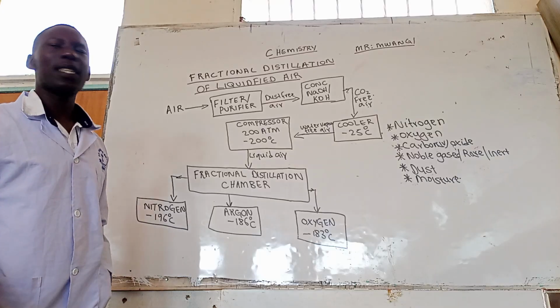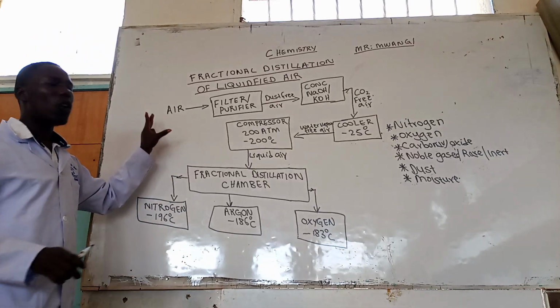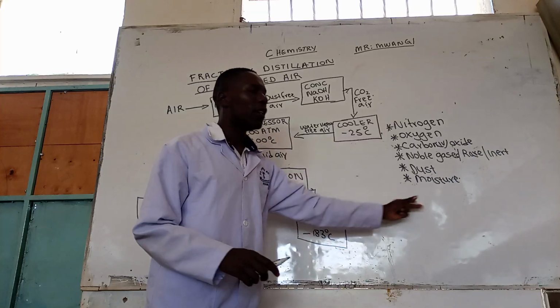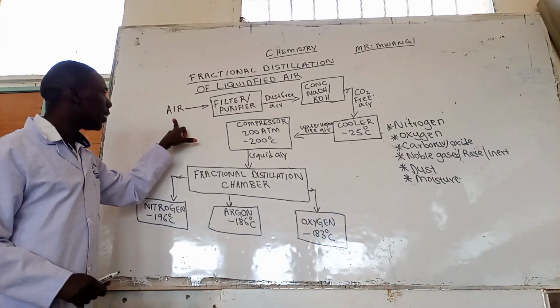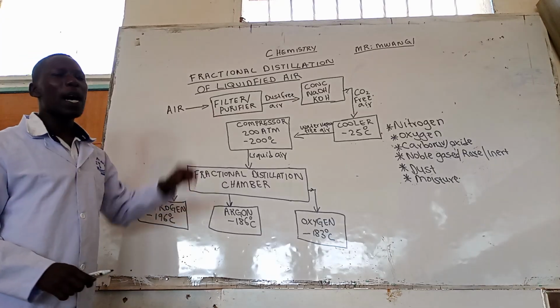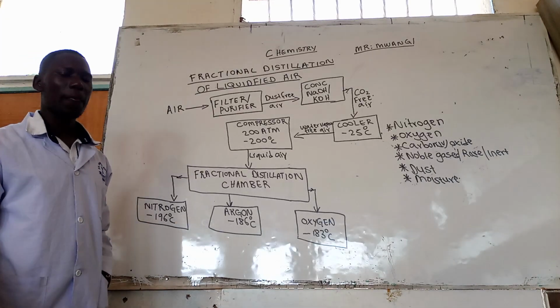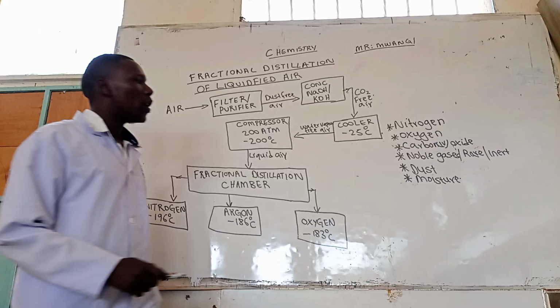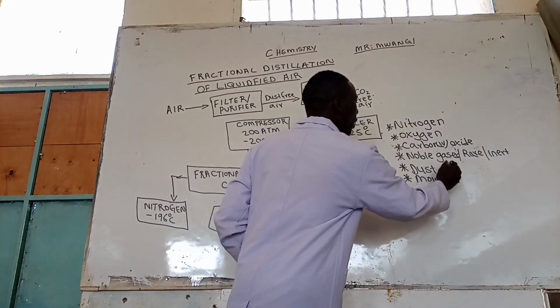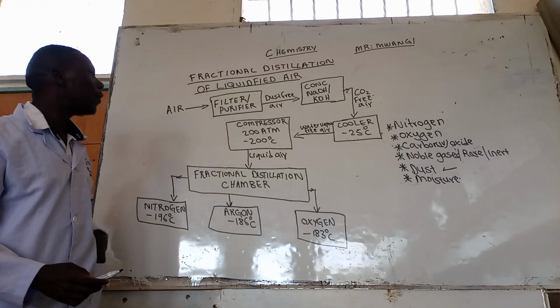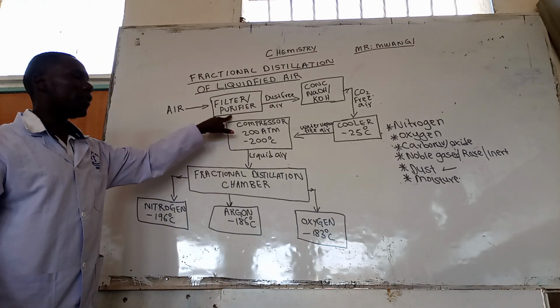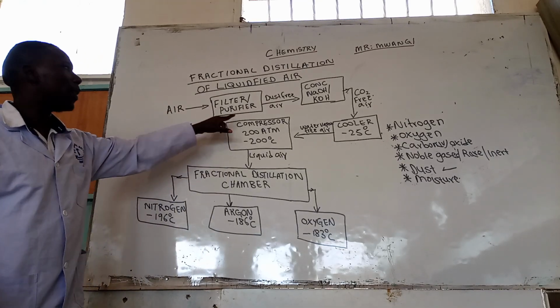So this process starts at this point where we take the air with all the components present, then we pass it through the filter. At the filter, dust particles are filtered out. So we remove the dust particles at the filter, at the purifier.